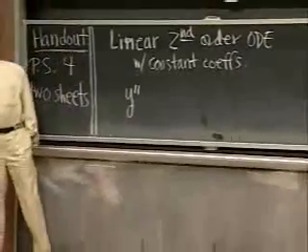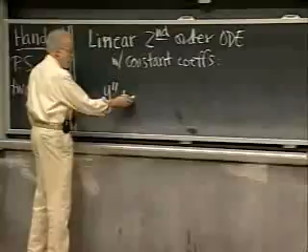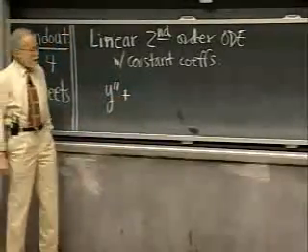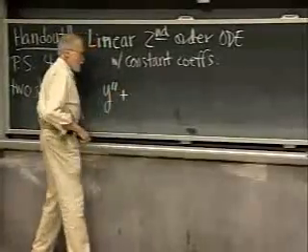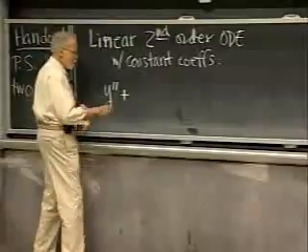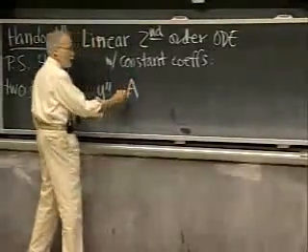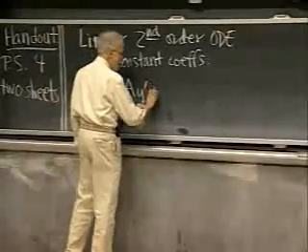I'll use y as the dependent variable. Your book uses little p and little q. I'll probably switch to that by next time, but for today I'd like to use the most neutral letters I can find that won't interfere with anything else. So I'm going to call the constant coefficients respectively capital A and capital B.